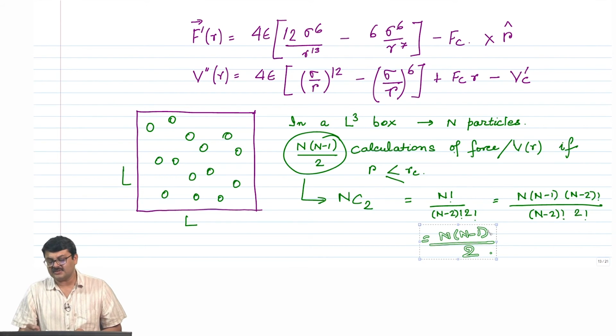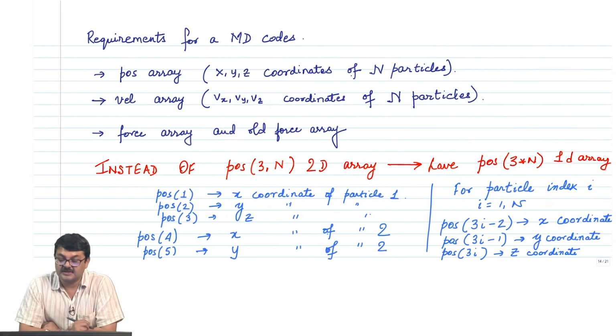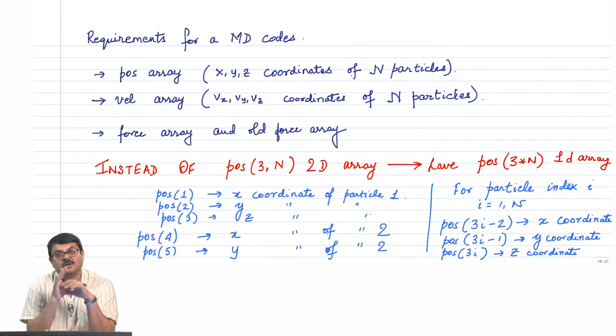So, when N is large, you could say that this is an N squared process, but at least in some cases, because you have a cutoff, you do not need to calculate the expression for the force and the potential. So, this is the broad picture of what is needed in molecular dynamics or MD simulations.